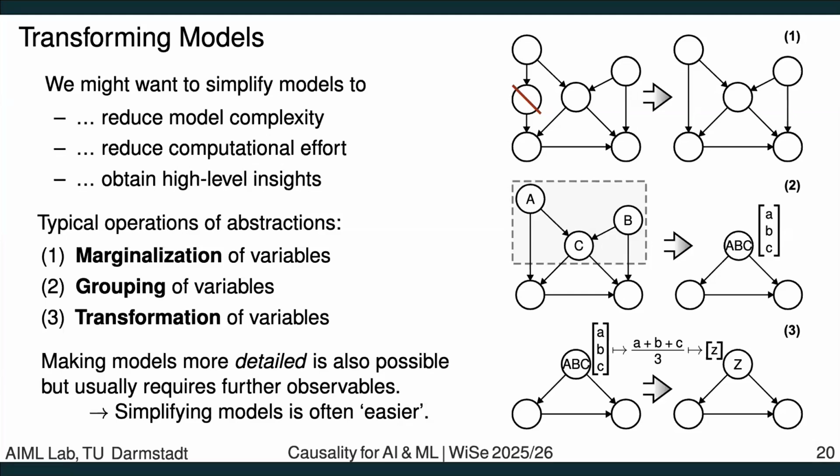So far I showed you how to make things simpler and easier. Of course, in theory you can also make models more detailed. The problem then really comes with the observables, because you only have so much data. Of course, you can model your SEM to super high detail, but that doesn't help you when you don't have the data to fill it.